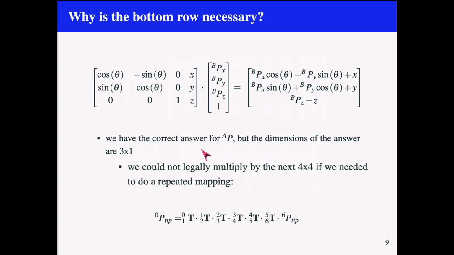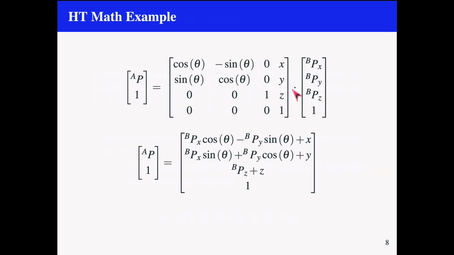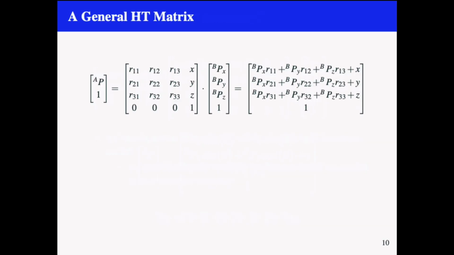If we need to stay ready to multiply other 4x4 matrices, we need a 4x1 answer. And so we need that extra row of 0, 0, 0, 1 across the bottom so that this 1 gets transferred over to there for the next multiplication.